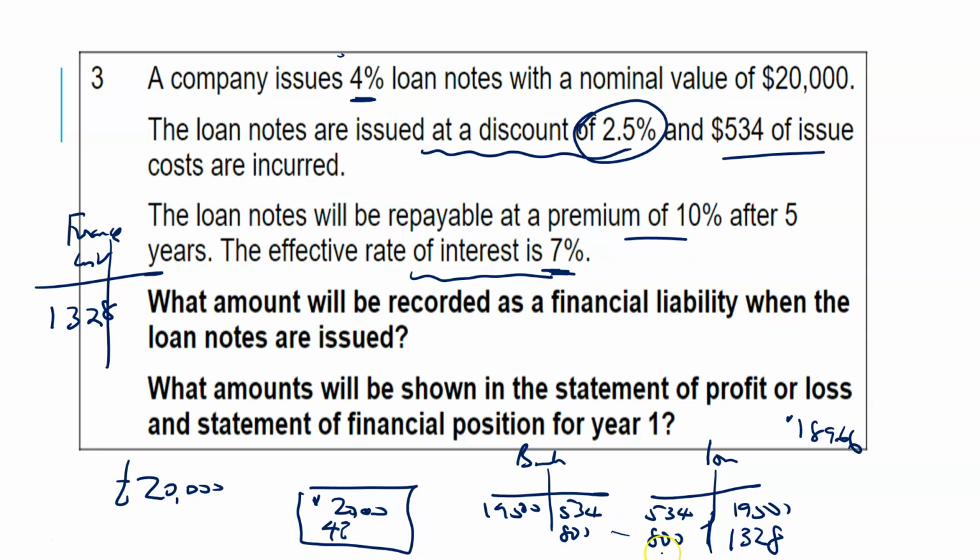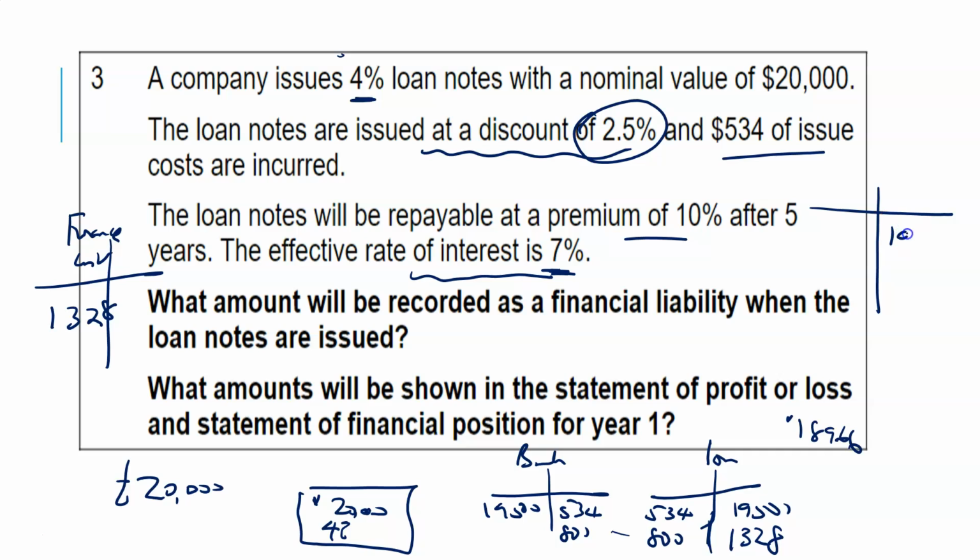And so I find my carry down balance and I just do exactly everything I've just done, year on year. So let's just do this one. What do I see? I have 18,966 plus the interest that has accrued on it, plus 1328, minus the 800, which takes me to 19,494.